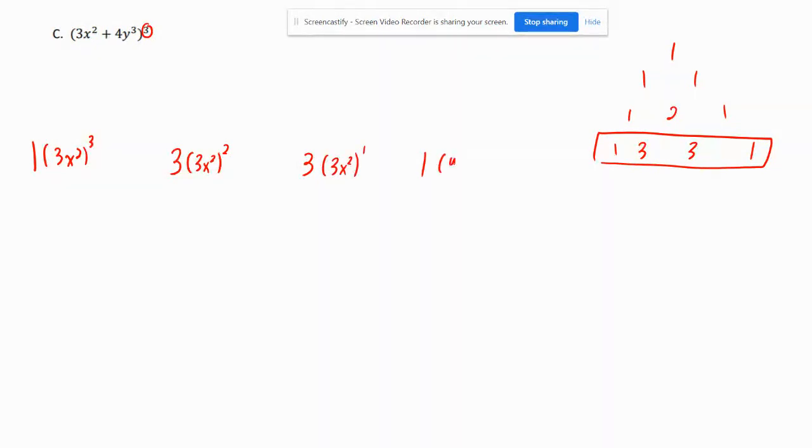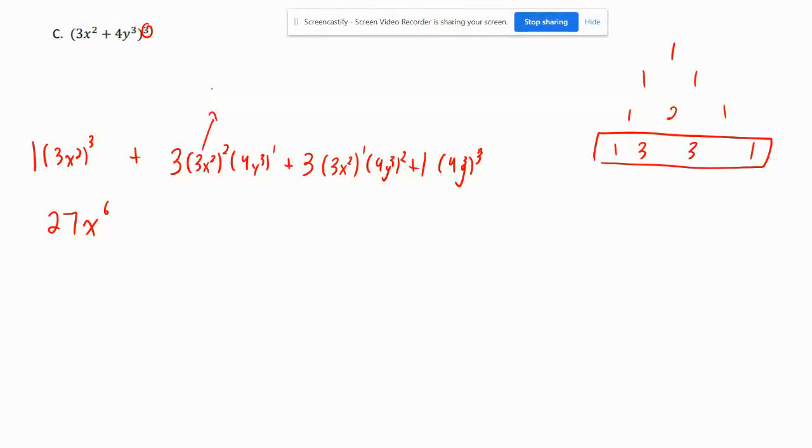We have 4y cubed cubed, 4y cubed squared, 4y cubed to the 1, plus is in between. 3x squared cubed is 27x to the 6th. 3 cubed is 27, x squared cubed is x to the 6th. Okay.